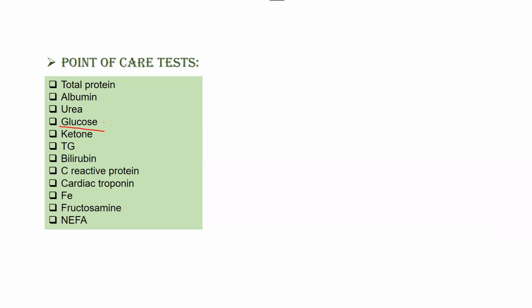You can just prick the finger, get the blood on that strip, and you get the result in 10 seconds. So point of care tests are those tests for which some tool is present and you can measure them within minutes. These tests are easy to measure: the blood protein, albumin, urea, glucose, ketone, triglyceride, bilirubin, C-reactive proteins, cardiac troponins, iron, fructosamine, or non-esterified fatty acids. These are all easily measured.